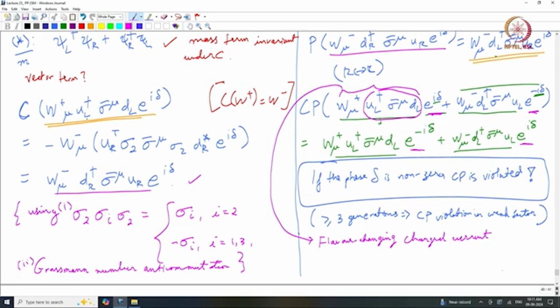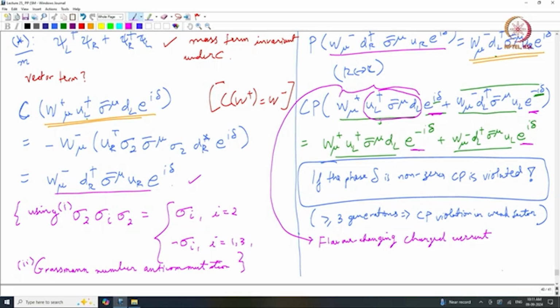Why is it a charged current? That should be obvious, right? There is a charge to this entire UL dagger DL structure, in this case a minus sign. That is what is eaten up by the W plus boson. So on the whole, it's fair to call this a flavor changing charged current, correct?